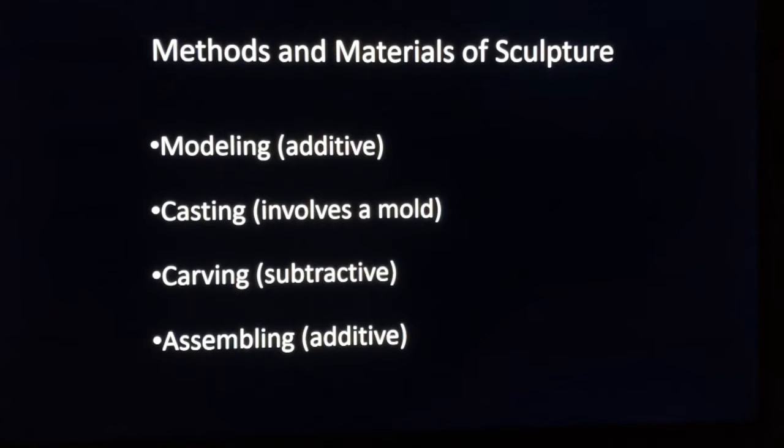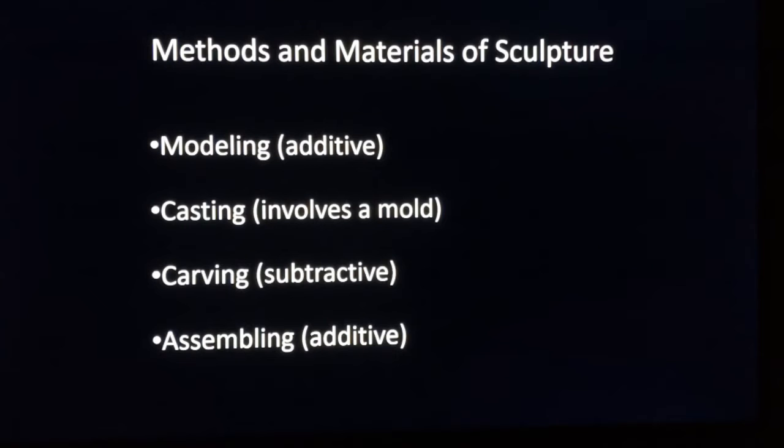So direct casting, if you'll remember, is when you are taking wax, carving it into a shape, making a mold around it, burning it out, and then pouring the metal into that mold. And usually the mold is made of sand and clay. So once you break that metal that you've poured out of the mold, then you can no longer use that mold anymore.